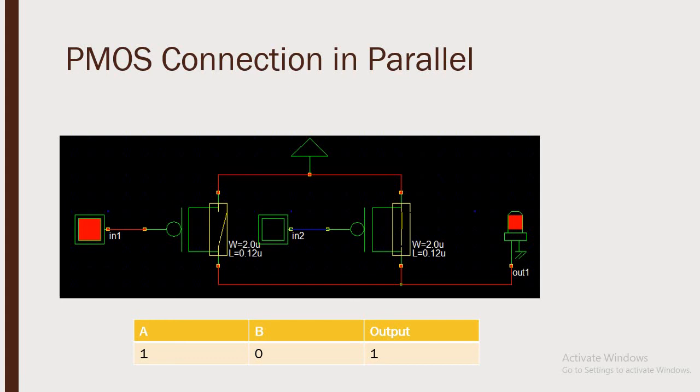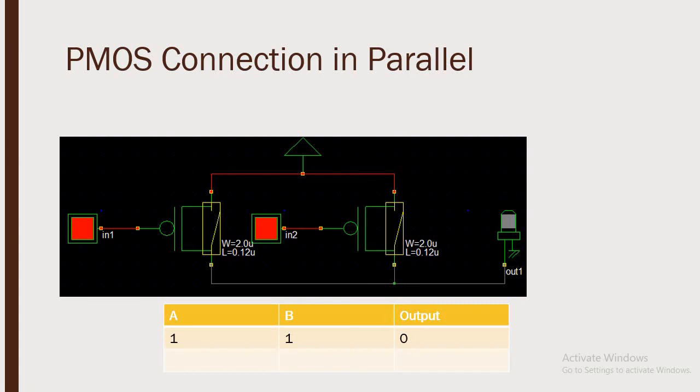So students, have you noticed which gate it looks like? Means from its working condition, what do you think which gate is working like this? So I think it is a NAND gate. What do you think, dear students? So it is a NAND gate. How? Look, when both inputs are high, input A is high and input B is also high, both the PMOS become open circuited and the path breaks.